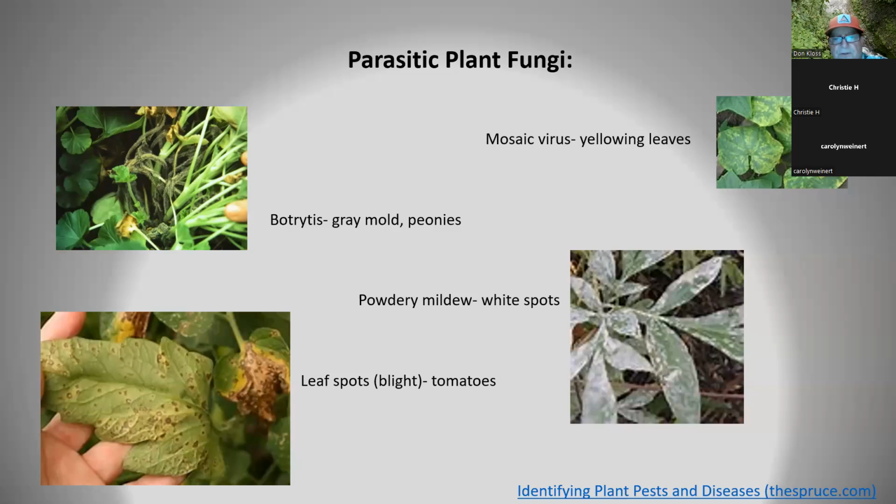Now, to get to what you had mentioned, there are parasitic plant fungi, and these are the four most common. On the upper right there, you have botrytis, which is that gray mold that you see most typically on peonies.